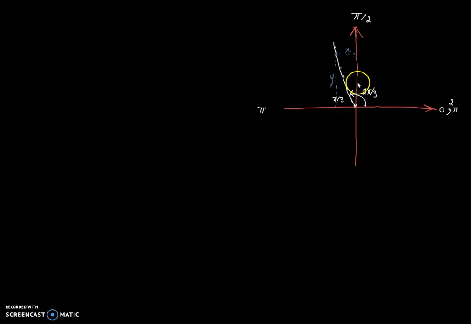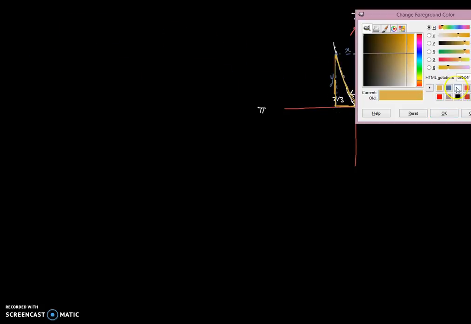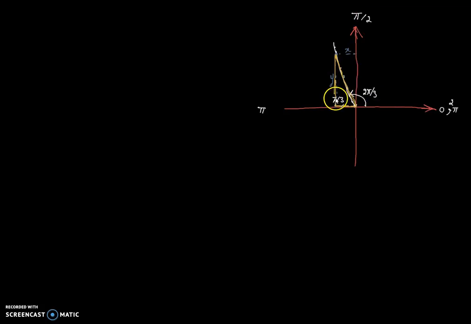So let me try to draw this triangle using this color. Okay, so then this is pi by 3, this angle.